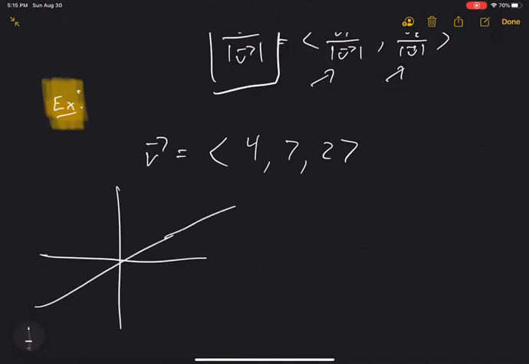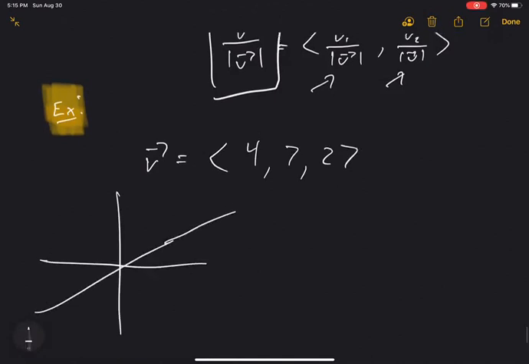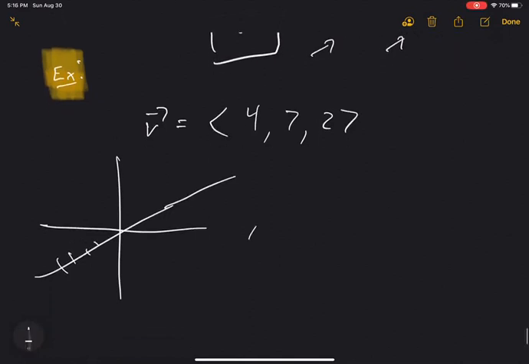What would 4, 7, 2 look like? Well, I'd come out 4 units this way. 1, 2, 3, 4. I'd come out 7 units this way, boom, and then 2 units up. Okay, so it'd be like here. All right, it'd be a bit above the plane. Okay, so this would be my vector. Something like that.